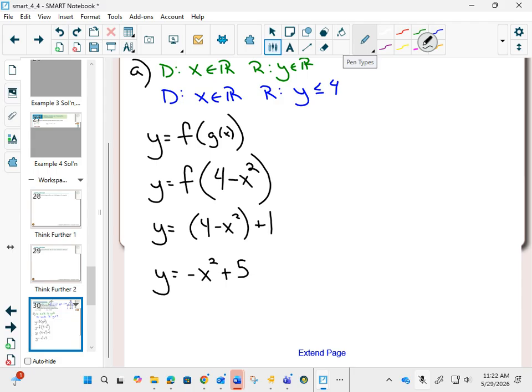How hard is this to graph? Not very hard at all. Again, what is this? This is a parabola. Flip down, vertical reflection, then moved up 5 units. So I go 1, 2, 3, 4, 5. Draw this one in purple.